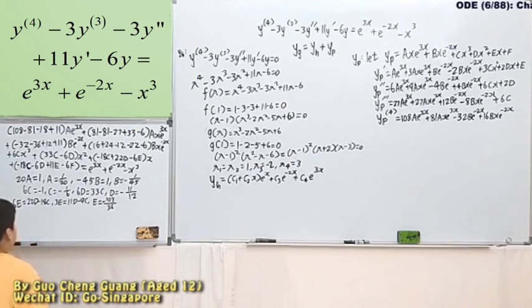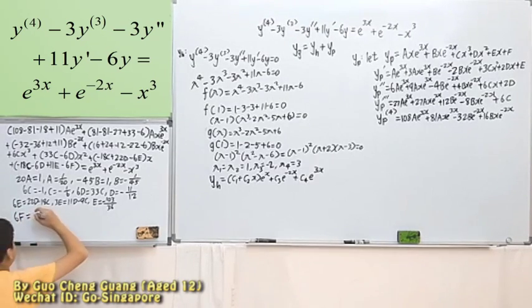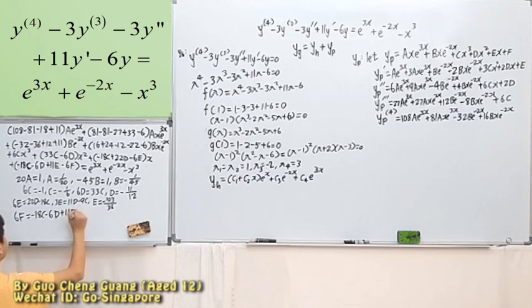And the last part for this is 6f. Now this 6f, from this part, use it the same way. So you get something like this.